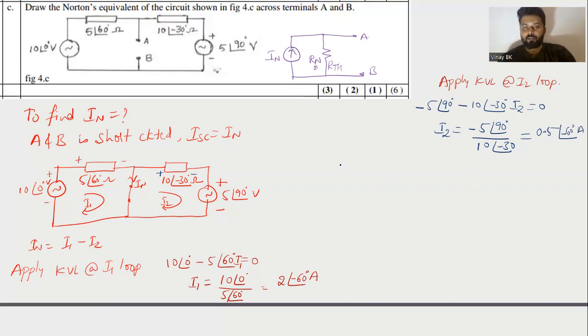So now the short circuit current, that is nothing but IN, is given by I1 minus I2.